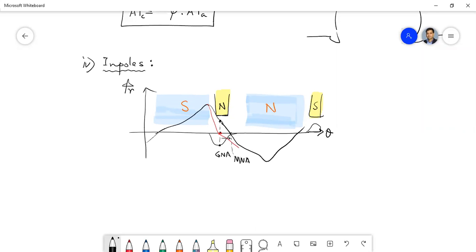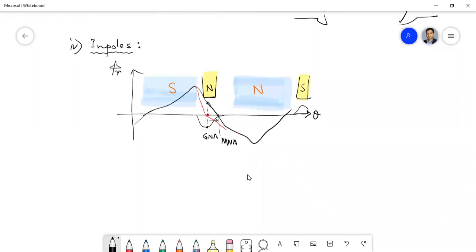Yes, sir. Okay. Now, interpole has another role. What is that? Now I will go back to this commutation, because interpole has another role in commutation.